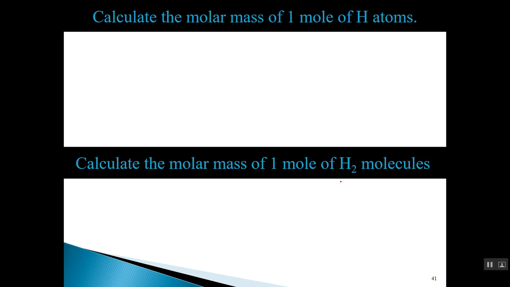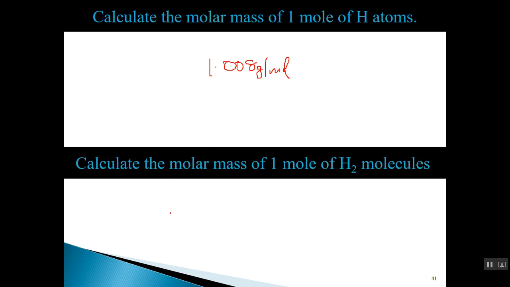Okay, so you could be given a question like this. Calculate the molar mass of 1 mole of hydrogen. Well, that is directly from the periodic table. The answer there will be 1.008 grams per mole. All right?